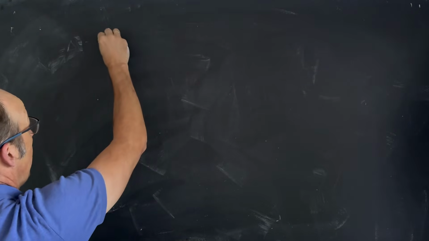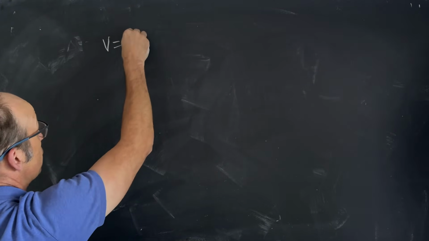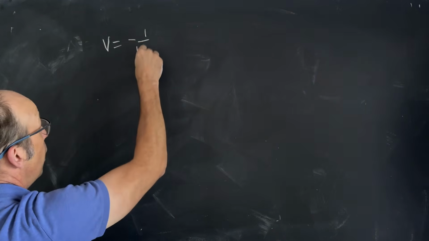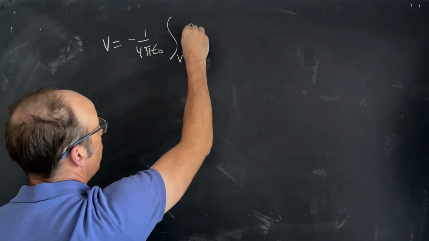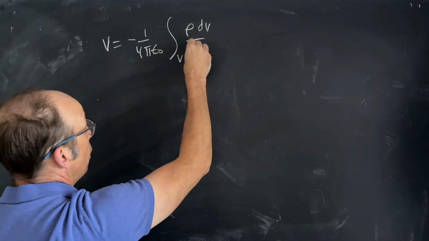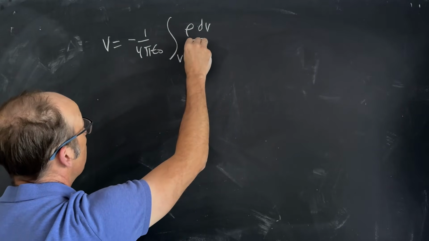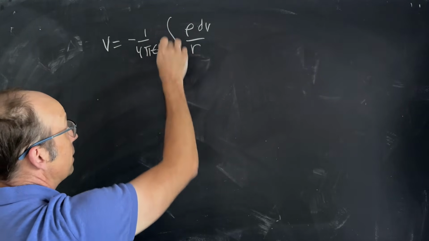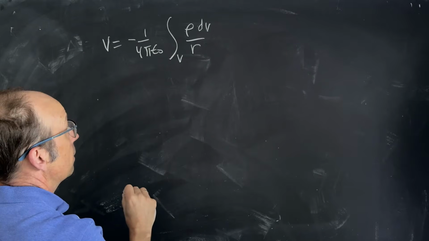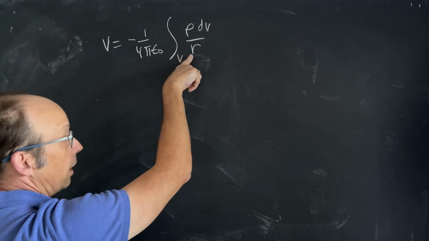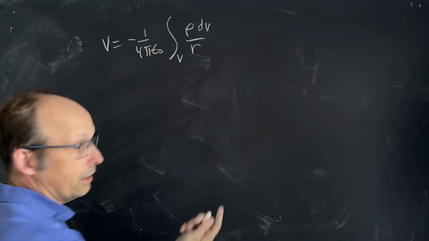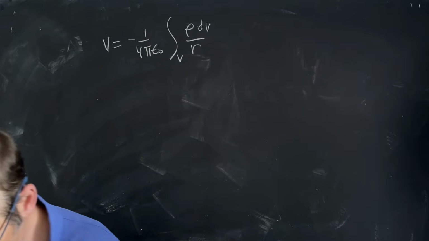With that, I can find the potential of any charge distribution as 1 over 4 pi epsilon naught, the integral over the volume of rho dv over r, because the potential due to a point charge is 1 over 4 pi epsilon naught r, and then I have rho dv as the charge. That's an important equation.